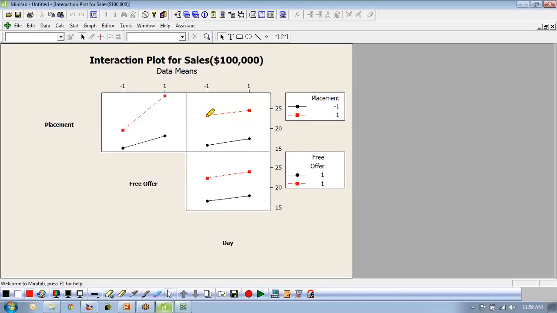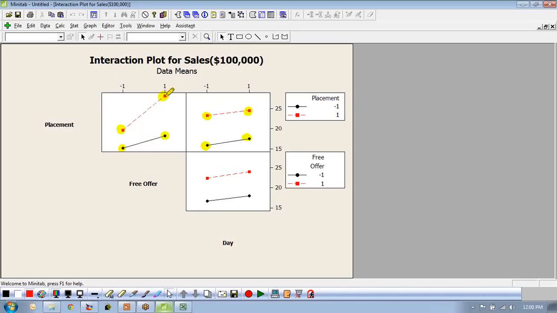No significant interaction. The same effect of going from -1 to +1 on day, for the +1 placement or the -1 placement. But if we look at free offer, when we go from -1 to +1, the effect is much more powerful.